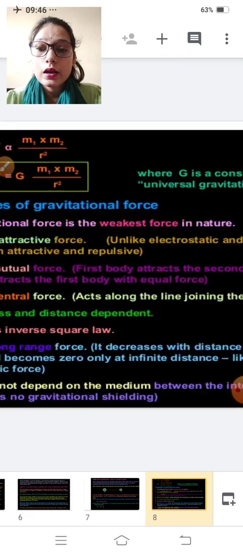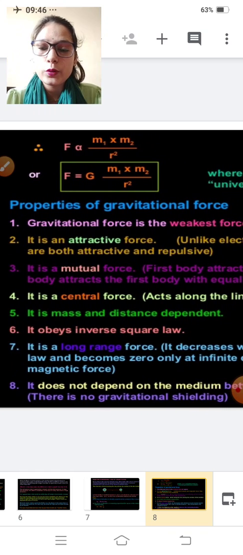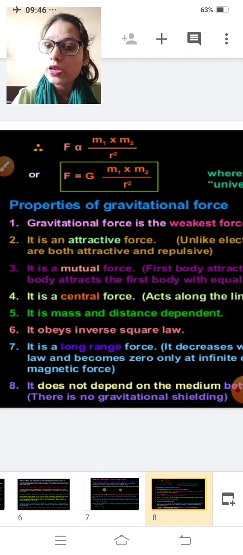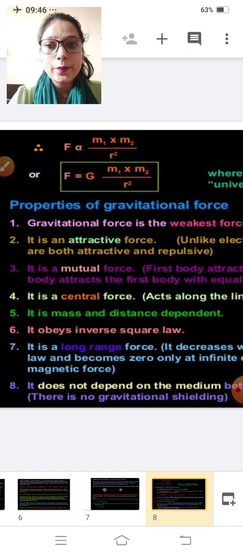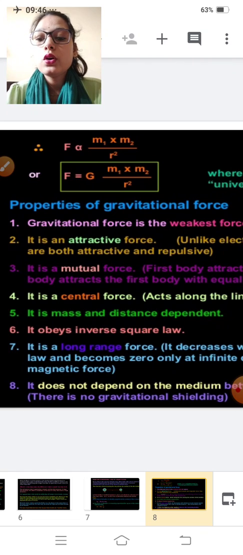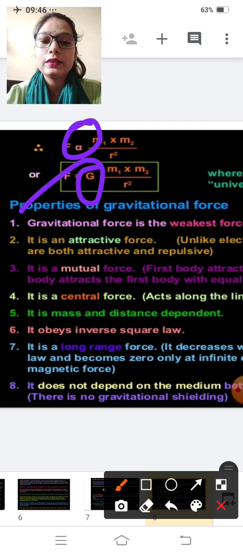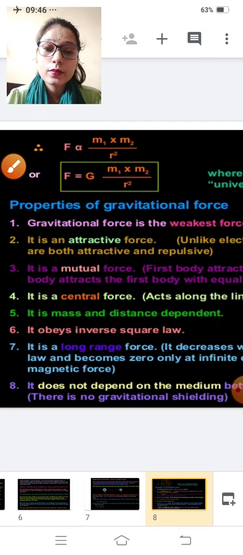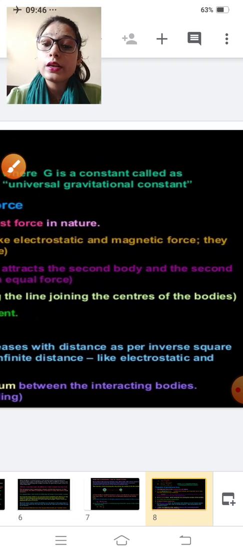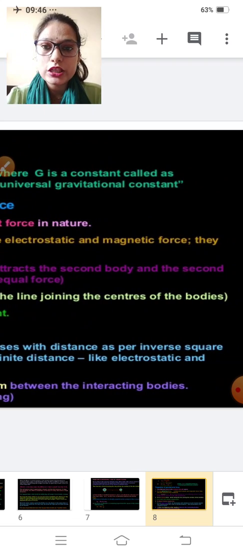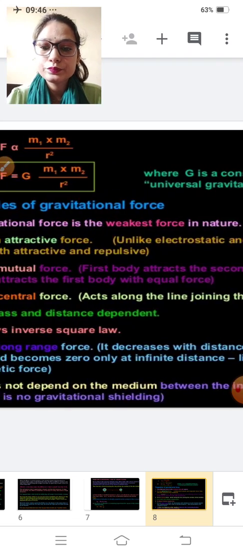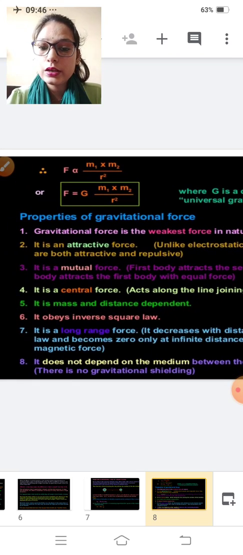Now F is directly proportional to m1 into m2 upon r square. I already told you this. When you want to remove the proportionality sign, you have to put one constant. So G will come, and this G is a constant called the universal gravitational constant. Clear? I think this is clear to you.